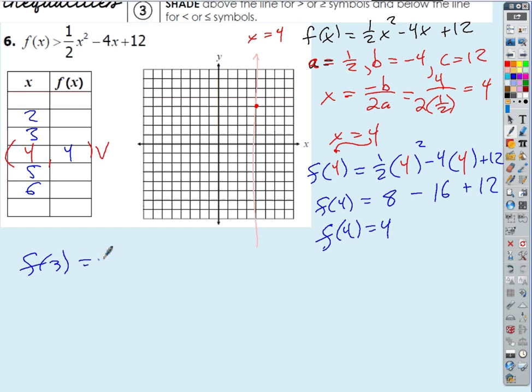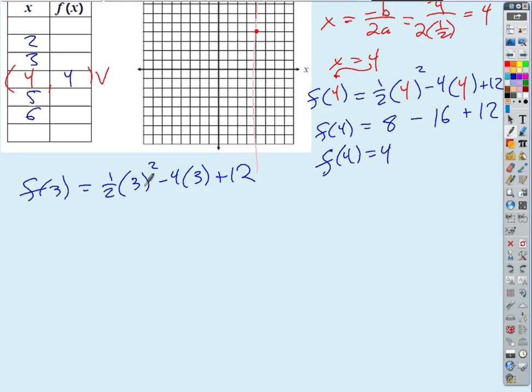So if I evaluate the function at 3, I get 1/2 times 3 squared minus 4 times 3 plus 12. So what's that give me? 3 squared is 9, times 1/2. Well, we'll just write it as a fraction: 9 over 1 times 1 over 2 is 9/2, right?